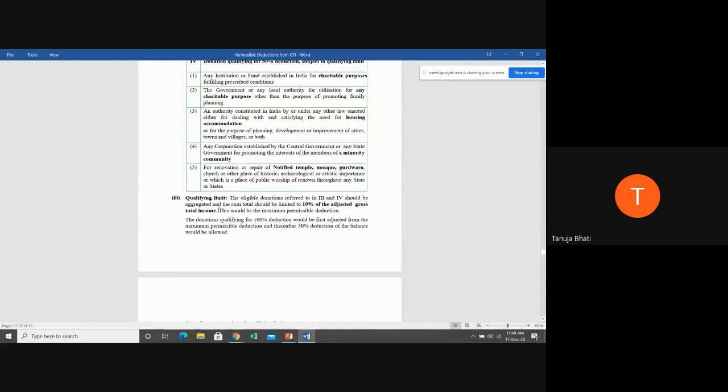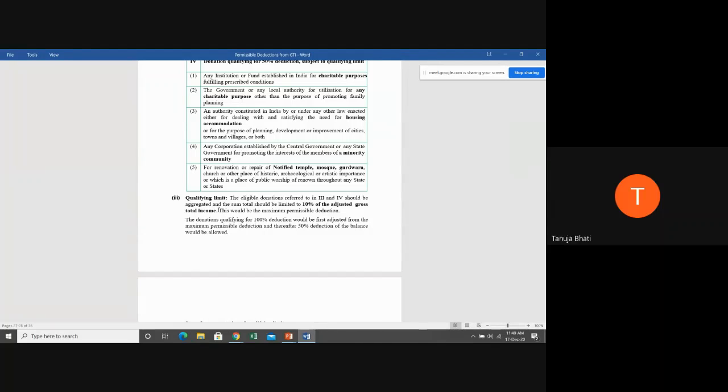So suppose the adjusted gross total income is 5 lakh, you're going to take 10% of that, which is 50,000. Now in category 3, you have made a donation of suppose 20,000. So 50,000 is the limit.